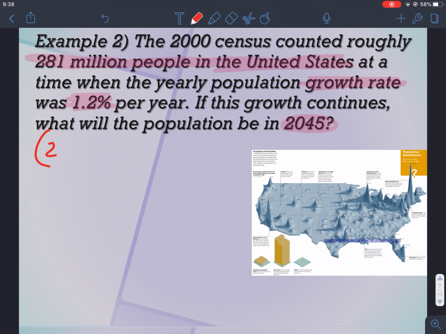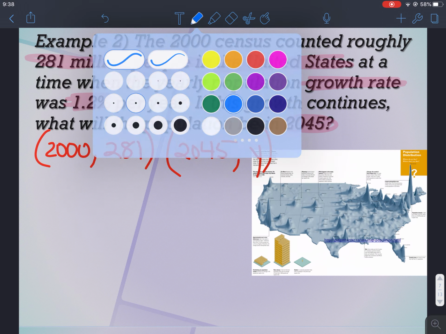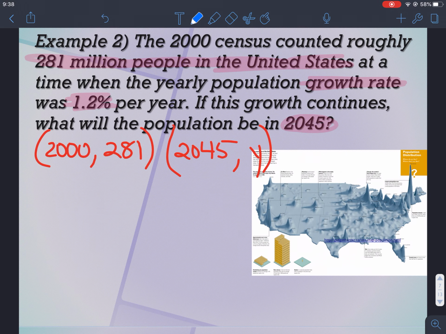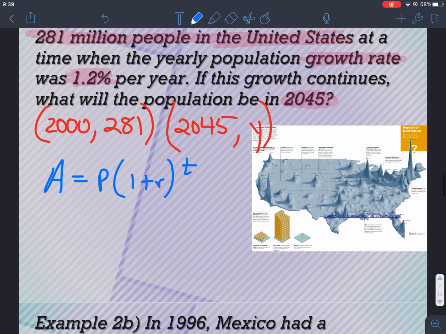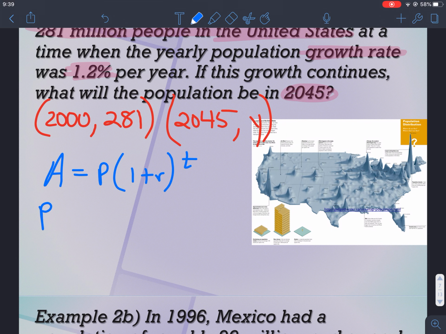So in 2000, the population was 281. Remember, that's in millions. We're trying to find 2045, comma, y. Or we can also think of it as the future value A. So why don't I write A equals P times 1 plus r to the t? You can use the same equation. Our initial amount is 281.